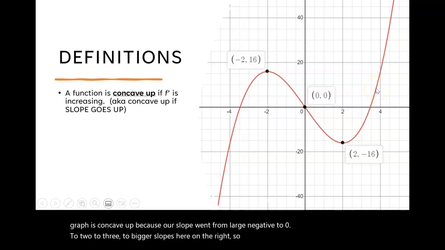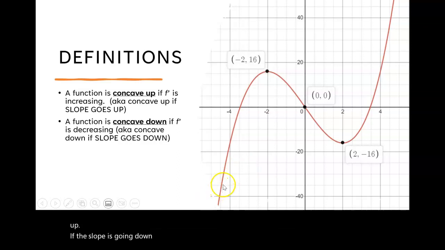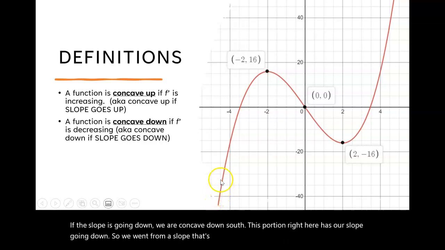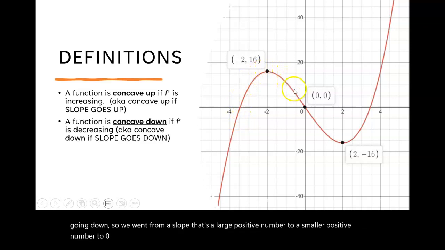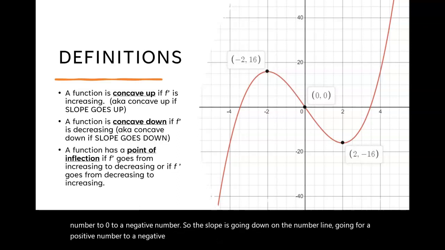All right, so the slope goes up means we're concave up. If the slope is going down, we are concave down. So this portion right here has our slope going down. So we went from a slope that's a large positive number to a smaller positive number to 0 to a negative number. So the slope's going down on the number line, going from a positive number to a negative number.